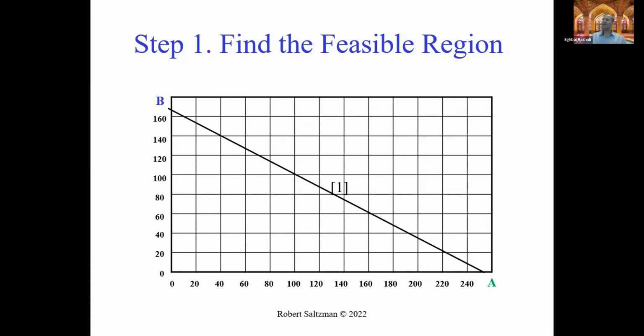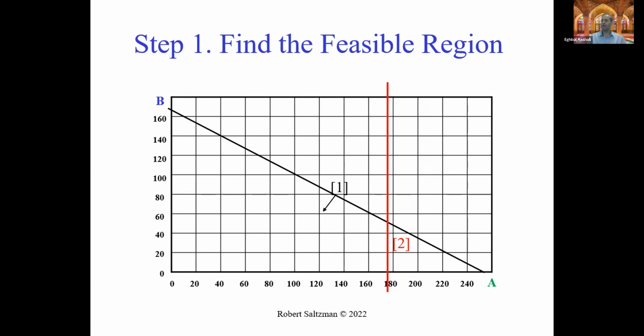Now I'm going to add the second constraint. The second constraint was 4A should be less than or equal to 700. Because I want to plot it, I'm just going to ignore the less than, so I'm going to plot 4A equal to 700. This is the line. Which side of it is feasible?